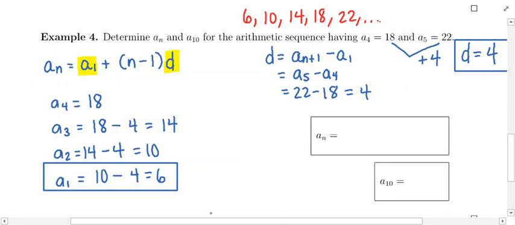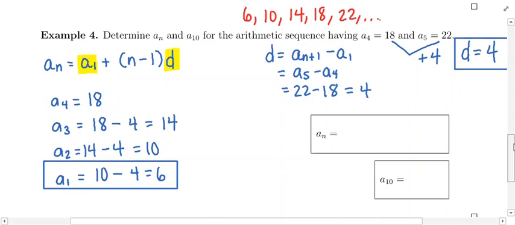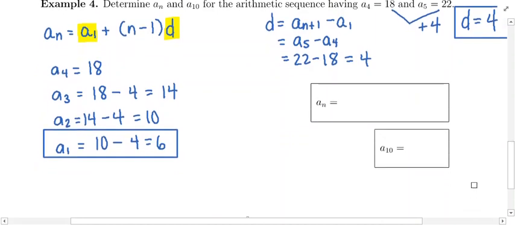So now that we have d is 4, a1 is 6, we can plug into our generic formula right here. I'm going to go ahead and do that. We're going to get that the nth term is given by the a1 value, which is 6, plus n minus 1 times the d value, which is positive 4. We should simplify.